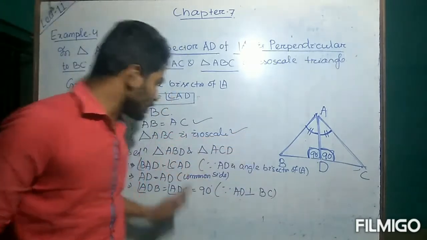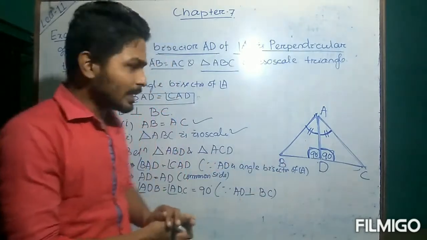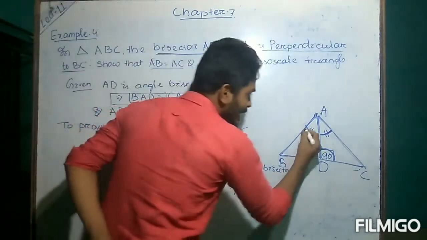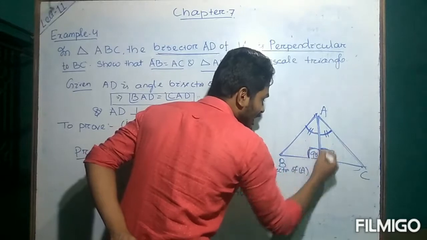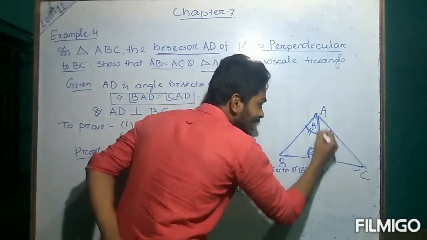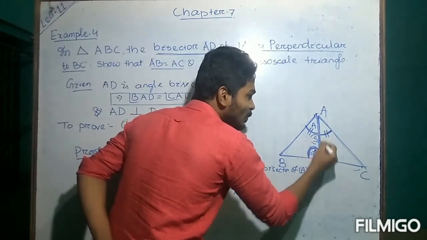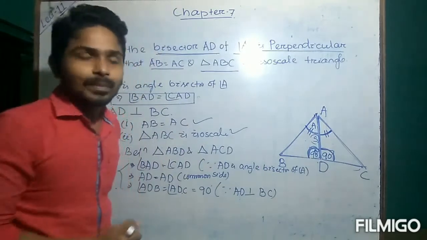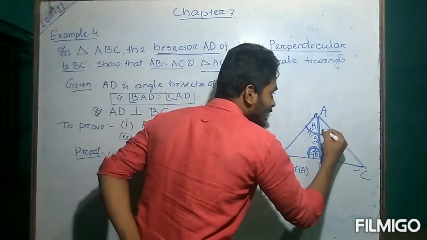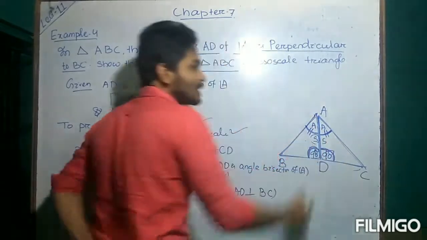Let us identify whether those conditions follow ASA or SAS congruency. We have taken this angle for triangle ABD, then this side, then this angle, since this side is the included side of these two angles. Similarly, for triangle ACD, we have taken this angle, this side, and this angle, and this is the included side.